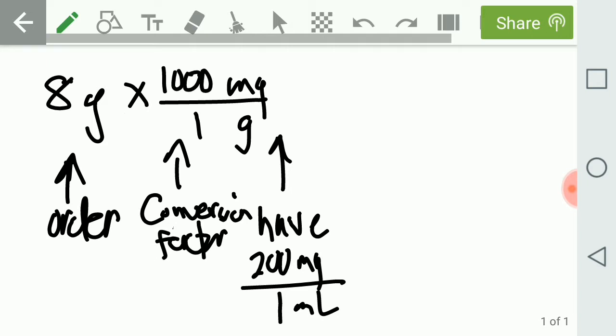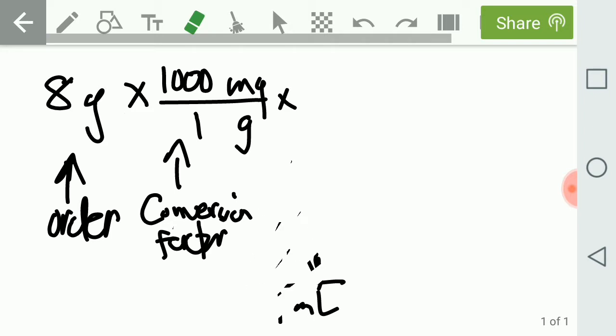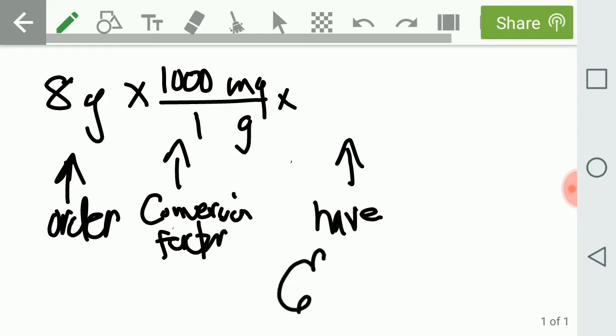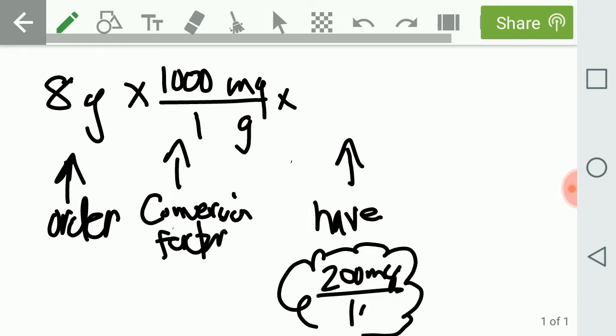Now we can write what we have. So remember, we're going to write it so we can cancel.